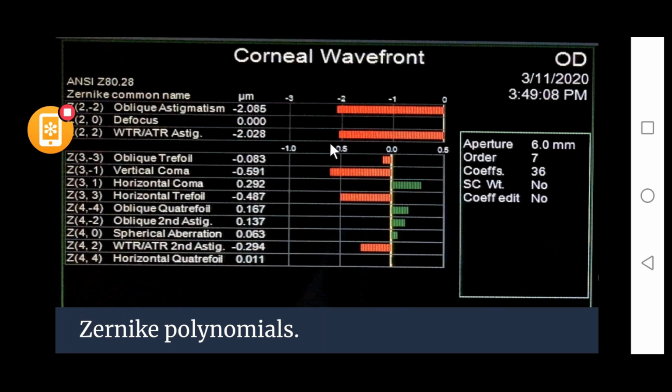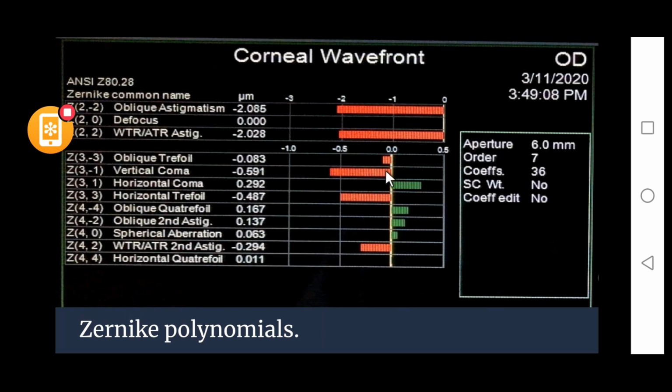Now we have to remember one thing: the aberrations which are shown over here do not have the effect of diffraction in them, right? The image quality is basically affected by diffraction as well. So this shows you diffraction limited aberrations.